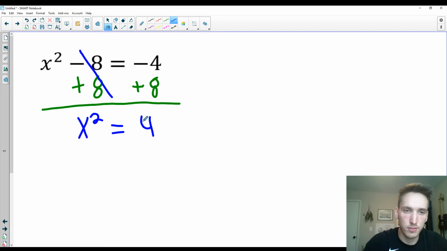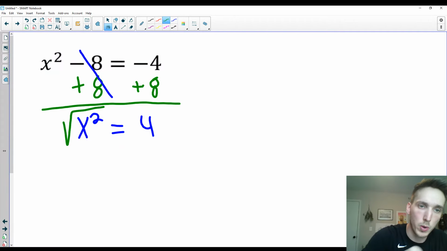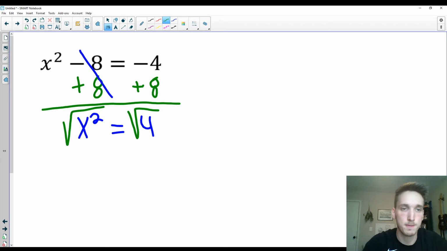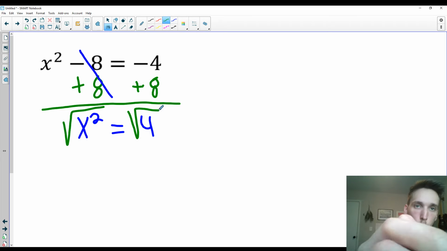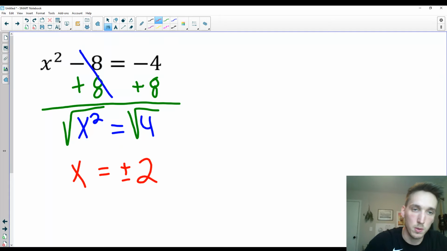And now, if you notice, we're dealing with something very similar to the previous two examples, right? I got to get x by itself, right? It's got a squared with it. To get rid of the exponent of 2, I've got to take the square root of both sides, right? Because the square root of x squared is x. The square root of 4 is positive and negative 2.